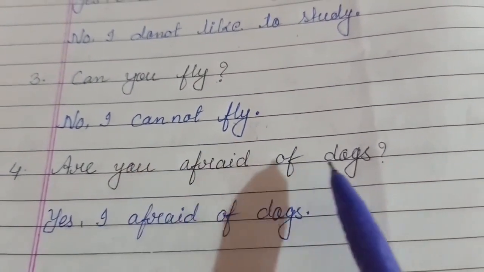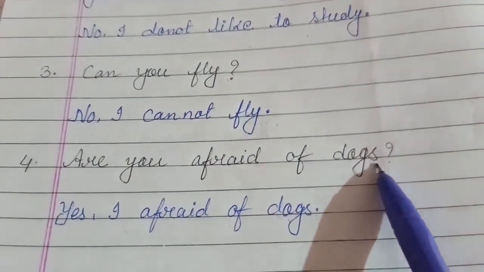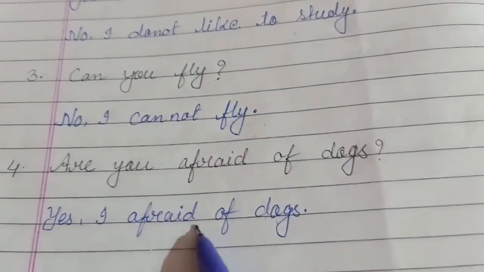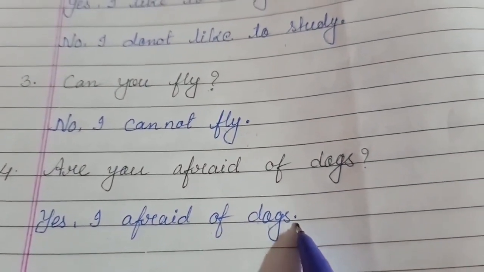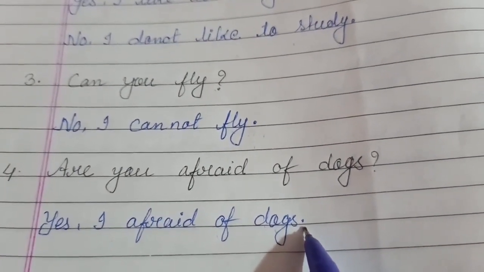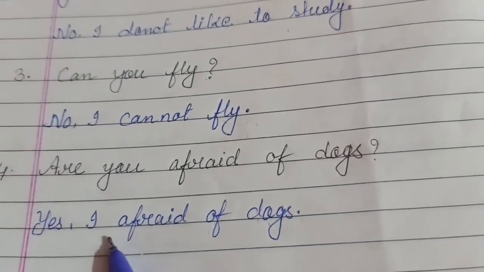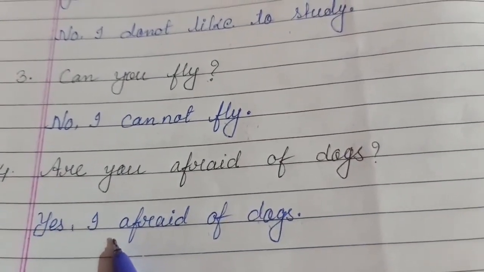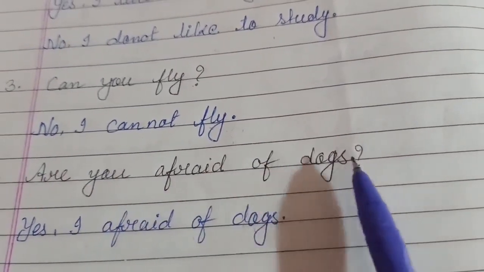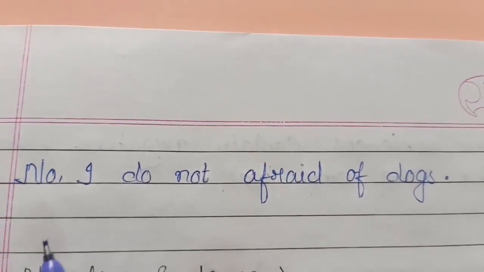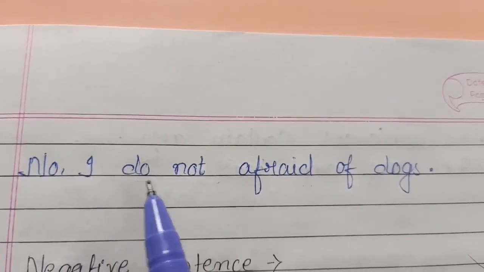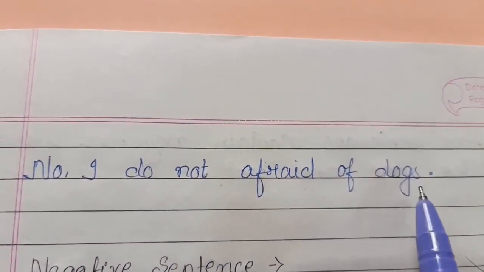Are you afraid of dogs? So your answer will be yes, I am afraid of dogs. So yes, I am afraid of dogs is a positive sentence because there is no negative word in this sentence. And are you afraid of dogs is a question sentence. But some of you will say no, I do not afraid of dogs.